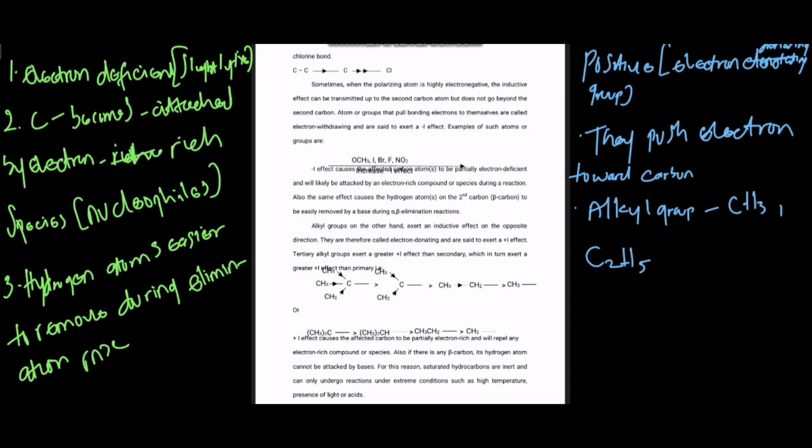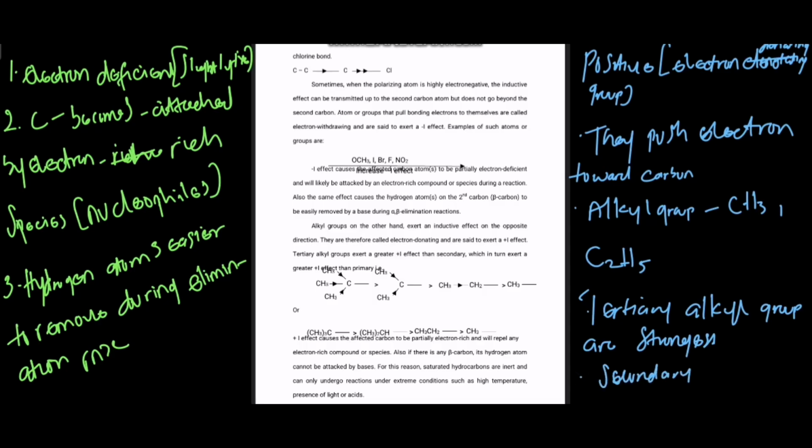Please take note of this. Then followed by the secondary, then followed by the primary, which is the weakest. So that is the order, from tertiary down to secondary down to primary.